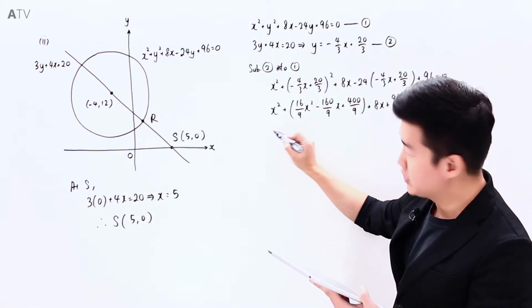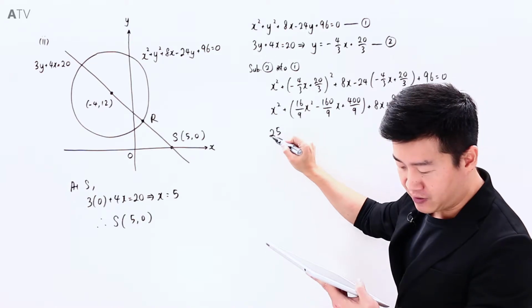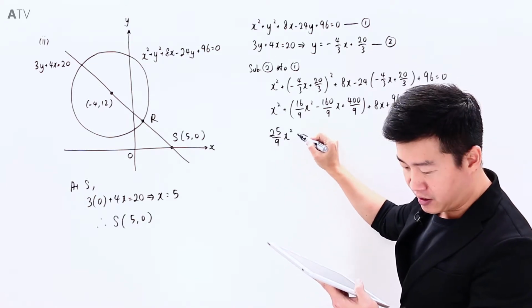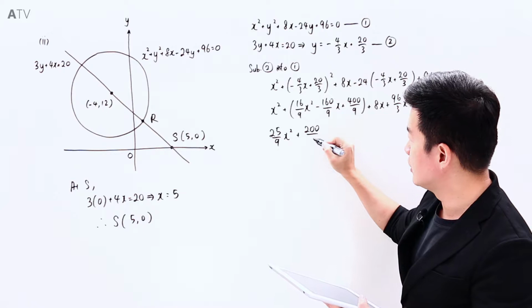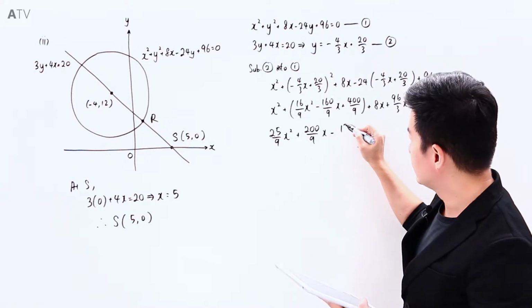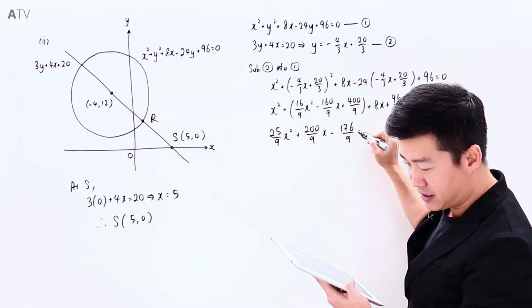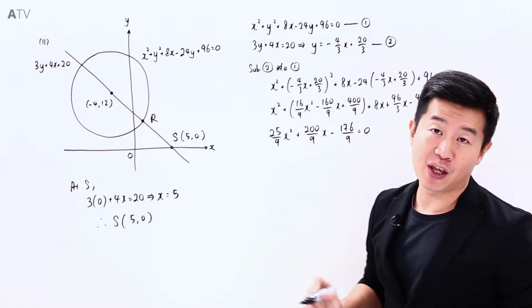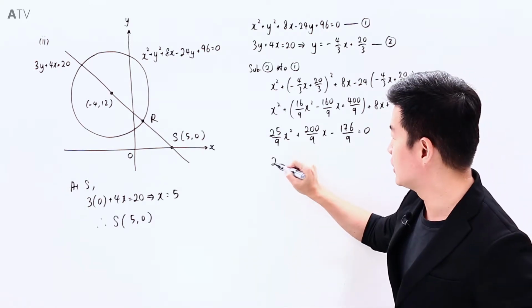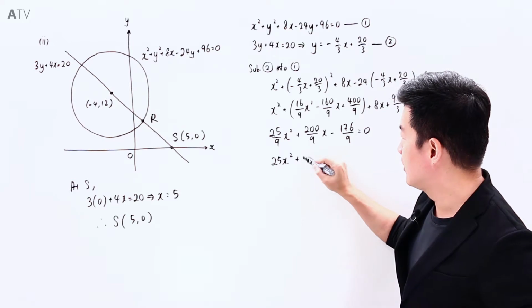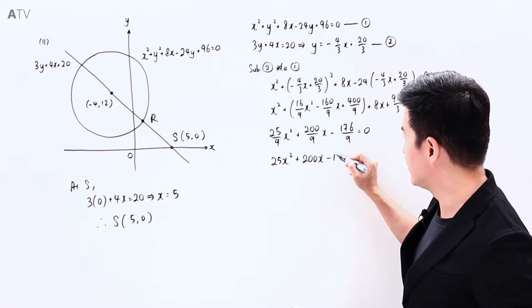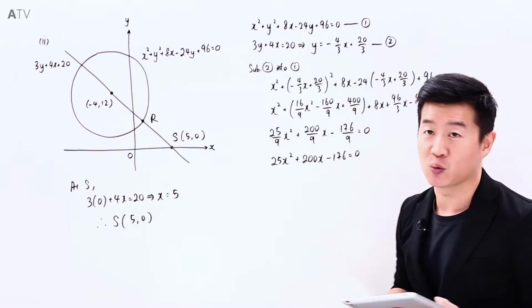Simplifying this entire equation gives me 25 over 9 x squared plus 200 over 9 x minus 176 over 9 is equal to 0. Multiplying throughout by 9 gives me 25x squared plus 200x minus 176 is equal to 0.